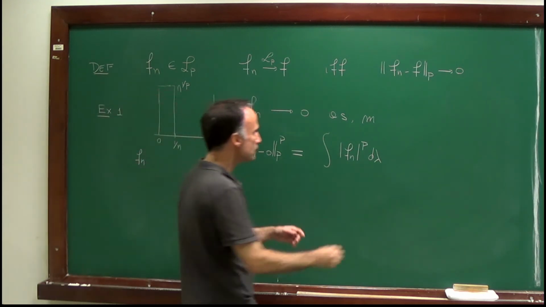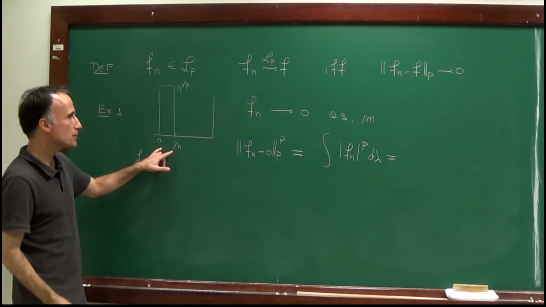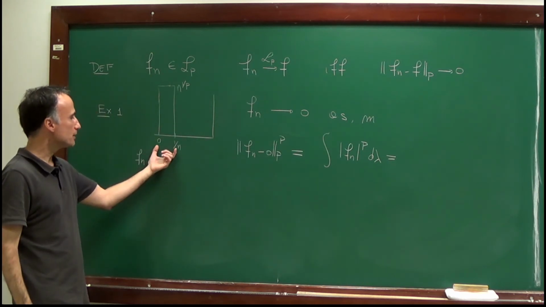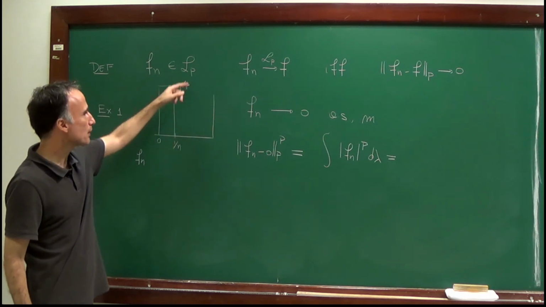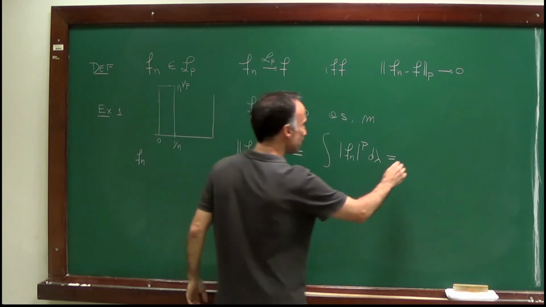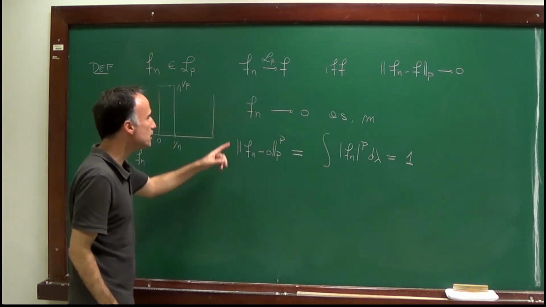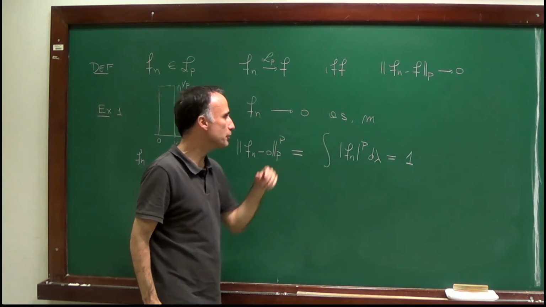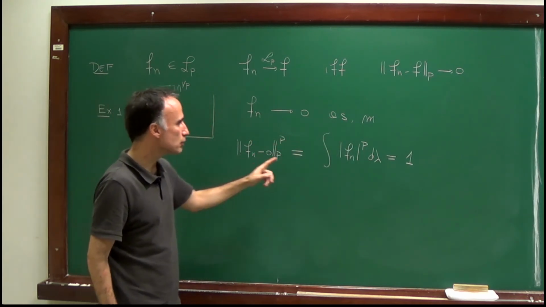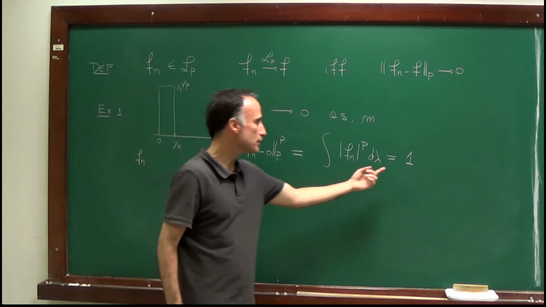Well, this function is 0 outside the interval 0, 1 over n, and on the interval 0, 1 over n, it's equal to n to the power 1 over p. So this is equal to 1. So here we have an example of a sequence which converges to 0 almost surely and in measure, but which doesn't converge to 0 in LP because, well, this difference is constant equal to 1.